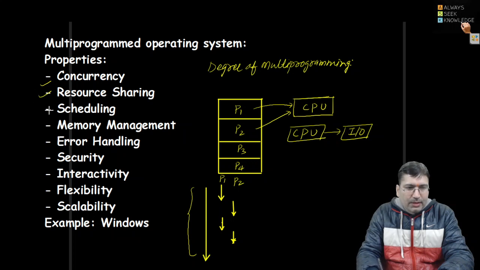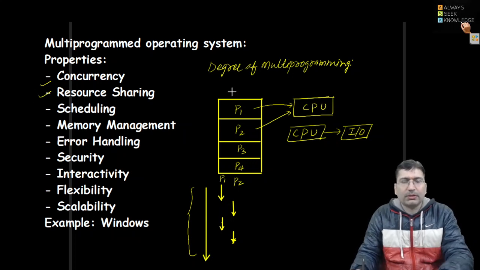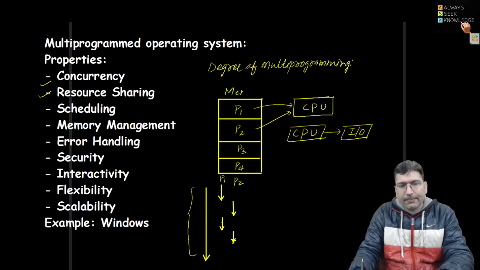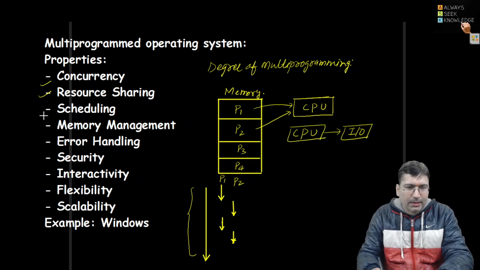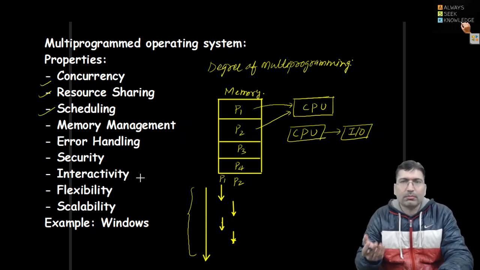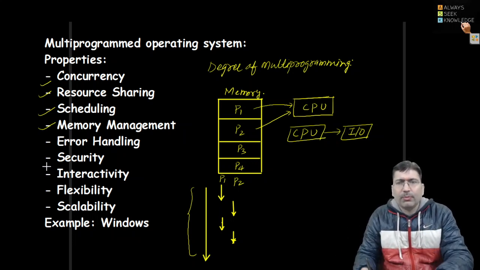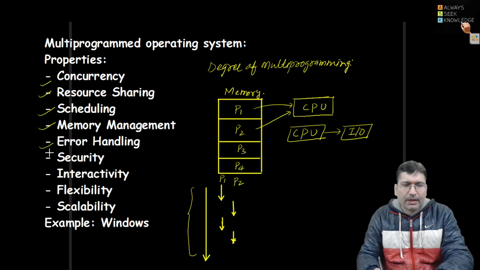Then resource sharing is also there, because more than one process is loaded in the memory or RAM, and at a time more than one process is active. Scheduling is required because more than one process is there, so at what time which process will get the CPU control. Schedulers are also required. Memory management is required because multiple processes will be requesting memory. Error handling is required.